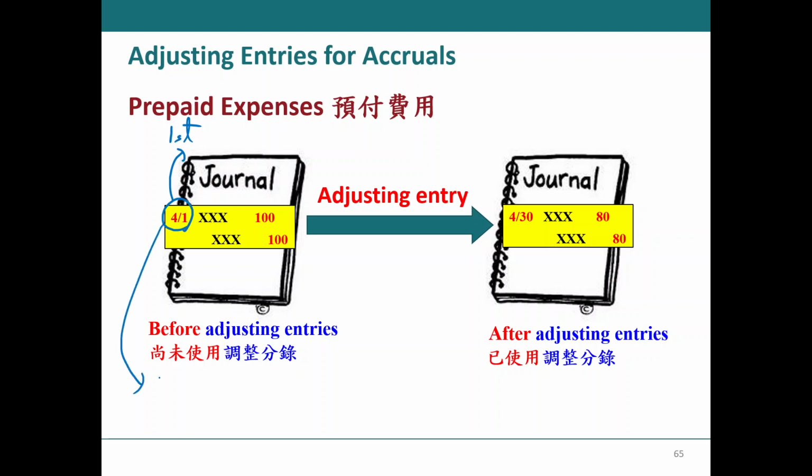For example, you paid the cash to buy insurance. So we record that. What's the debit? What's the credit? Debit?